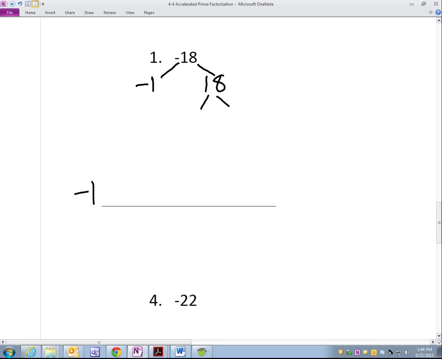I'm going to do composite numbers if I can. Think of the factors of 18. Can I do composite numbers, but 2 of them? No, we can't. So now I have them all done, so I'm going to do -1 times 2 times 3 times 3, and that's how you get -18. You first take the negative number out.